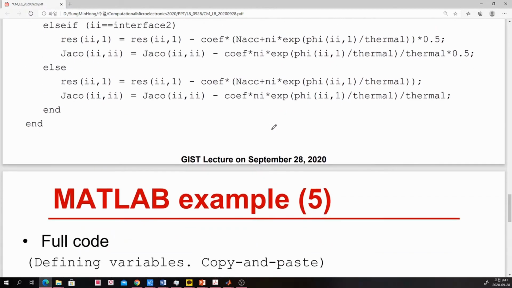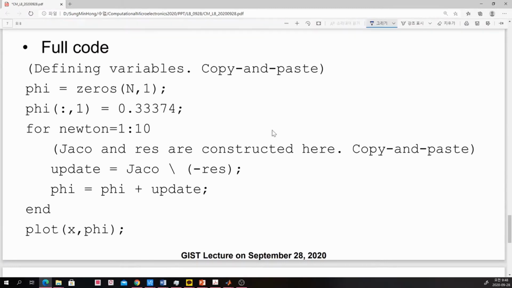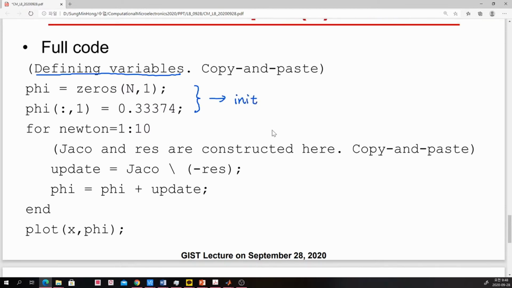Then now let's go to the pseudocode. So you can just define variables, and this is the initial guess. I just set a certain potential over the entire system.